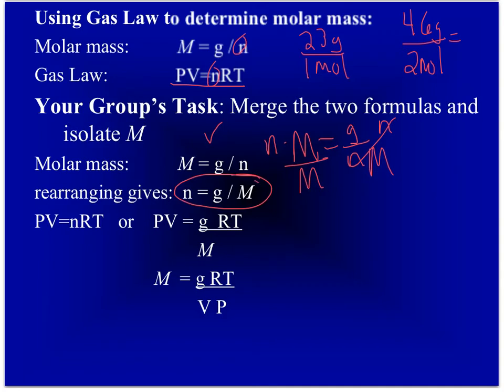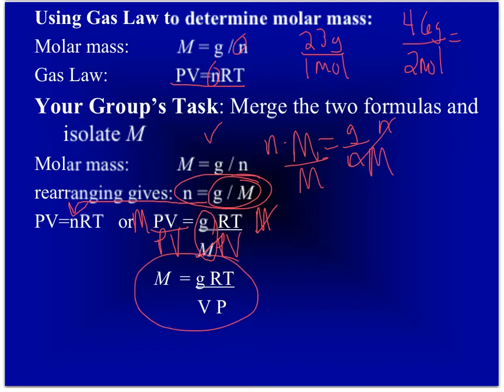Now we can take grams divided by molar mass and plug it in for moles, which will give us PV equals, instead of n, grams over molar mass times RT. And then the last one is to get molar mass by itself. So we're going to multiply both sides by molar mass, and then divide both sides by PV, which gives us this equation right here.